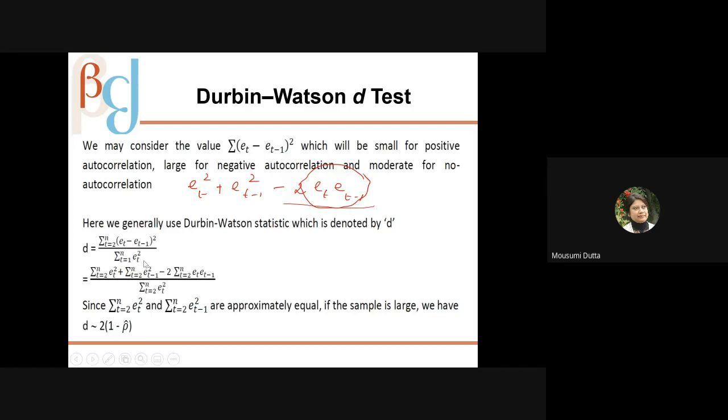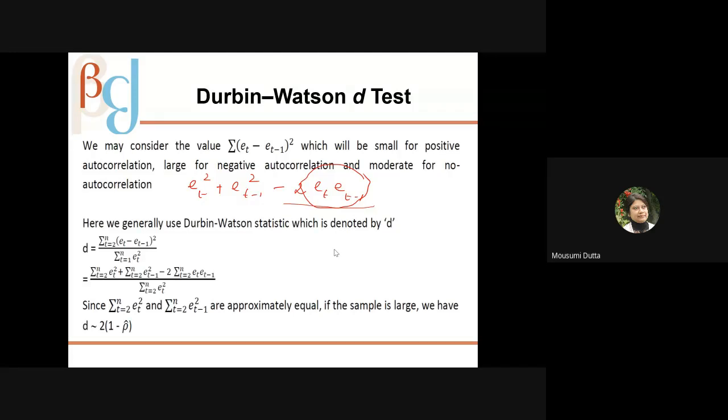And as I mentioned, if it is a long series, it doesn't matter whether you consider t or t minus 2 or t minus 1, etc. So following this logic, Durbin considered the t-th period, the current period, as the reference.